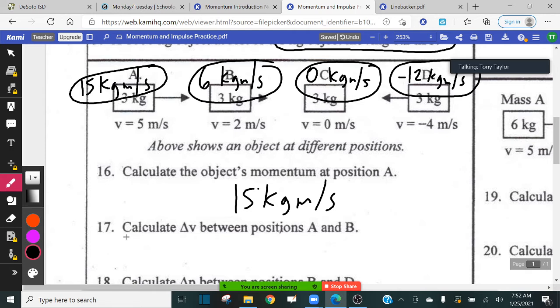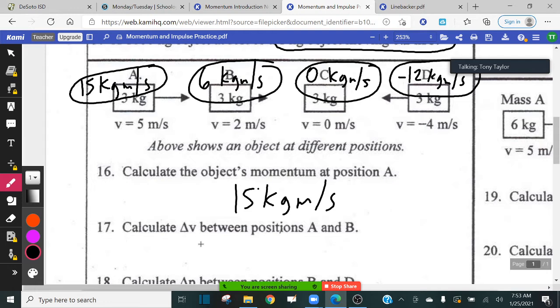What does 17 say? Calculate the change in velocity between positions A and B. Guys, remember what delta means. Delta always means change, and it means take the final value and subtract the initial value, right? So if the object started off here, position A, and then a few seconds later it was here, position B, what we need to do is subtract those two.